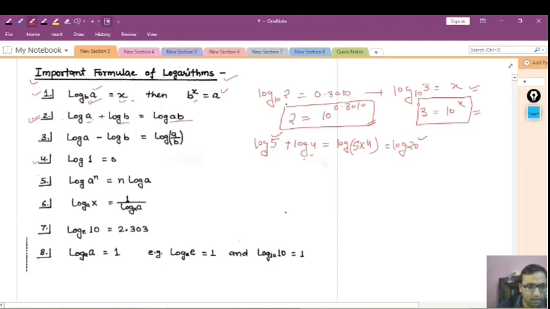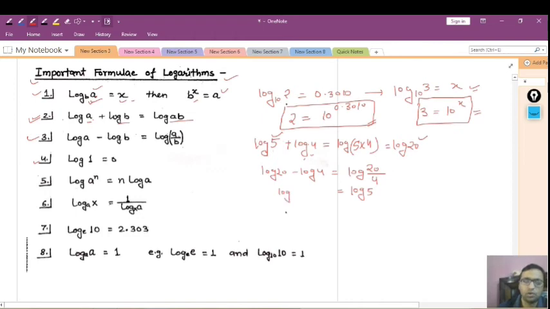Then we have property number 3, that is log a minus log b equals log a upon b. For example, if it is written that log 20 minus log 4 equals how much, then by the property of log we can write this as log 20 upon 4, which becomes log 5.